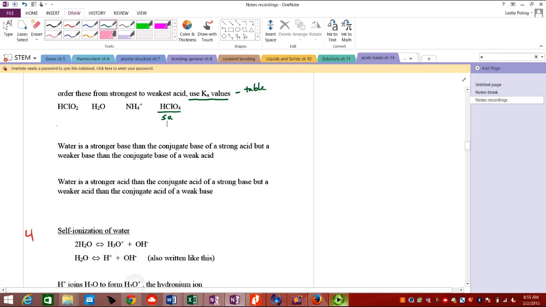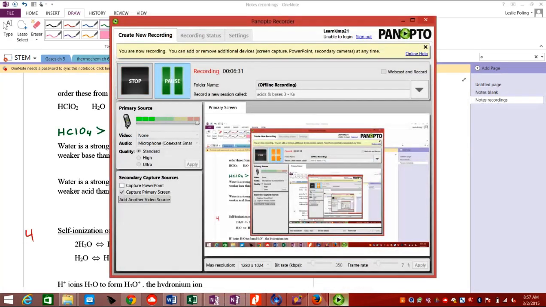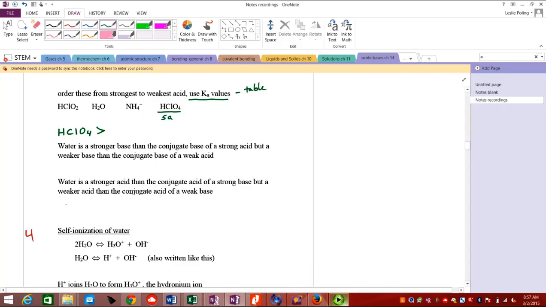So if we're going from strongest to weakest, then that is our strongest one. All right, so if we look up Ka values, we get that this one is 1.2 times 10 to the minus 2.